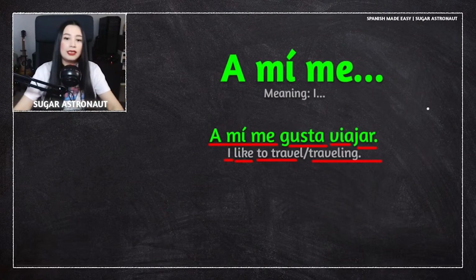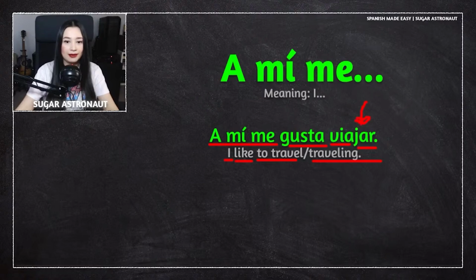So this verb is in an infinitive form, viajar, which means, my arrows are always terrible, so get used to it, viajar means to travel. It is in an infinitive form, so you don't have to conjugate it. You just leave the verb as is. And this one is conjugated in this way.